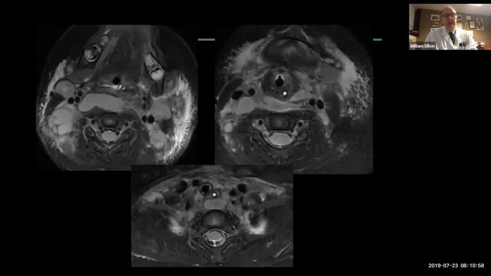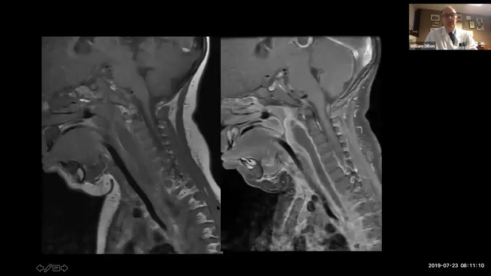And here we see an extensive mass with extensive adenopathy behind the pharynx. This is a retropharyngeal mass, and you can see that it extends all the way down into the oropharynx. It has peripheral enhancement. This is an MR scan, and you can see this retropharyngeal abscess is extending all the way down into the upper mediastinum.